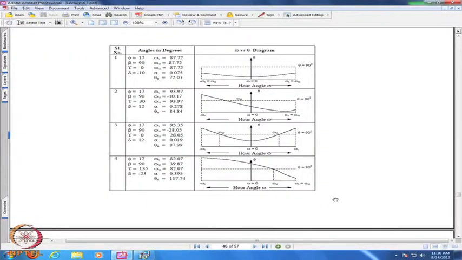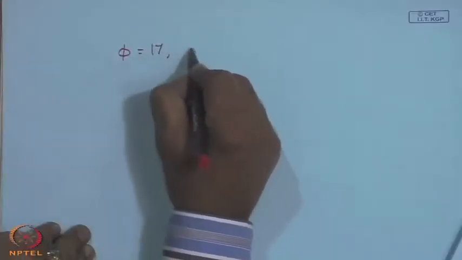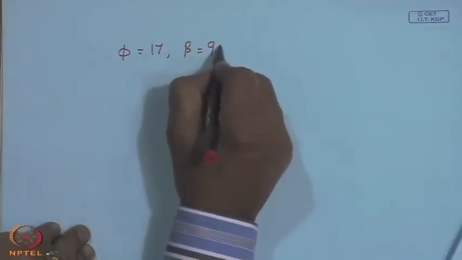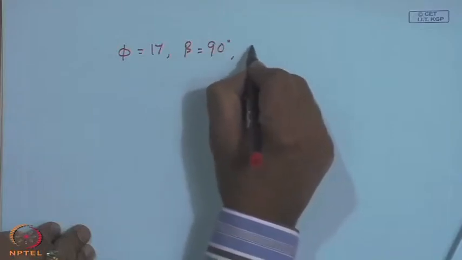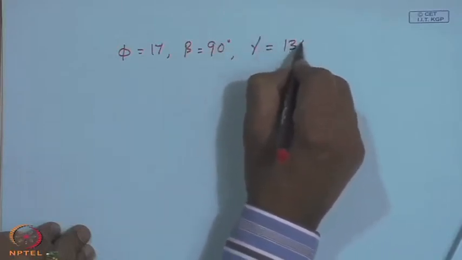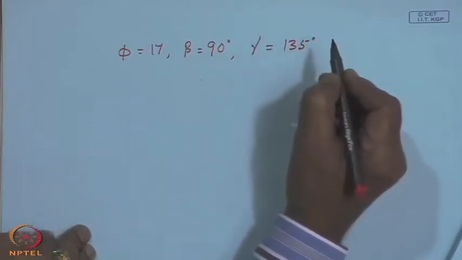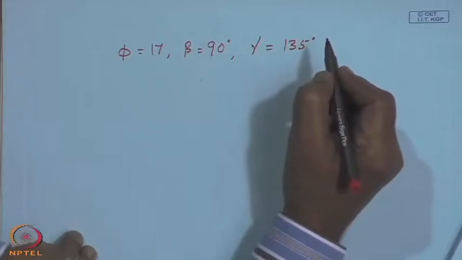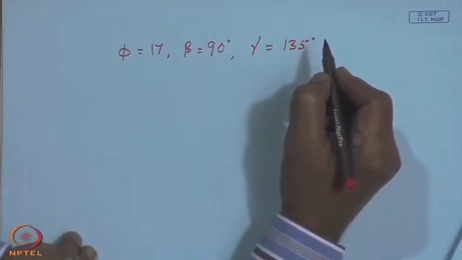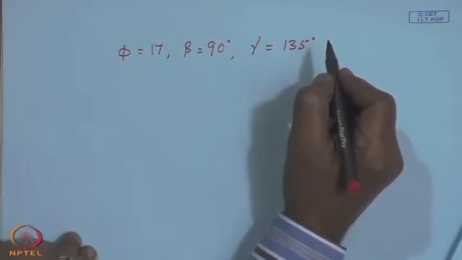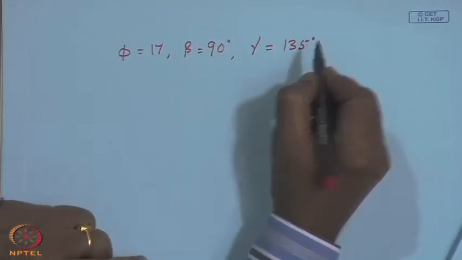This is quite again, gamma is equal to 135 degrees. That means it is in the beyond west. The outer normal is between the west and the north projection of it. Okay.